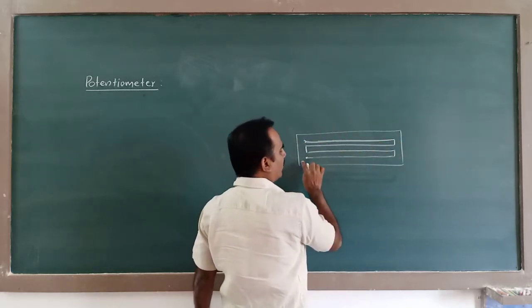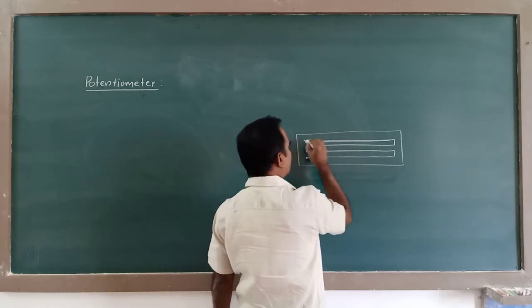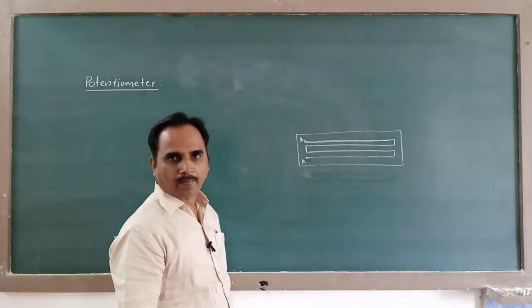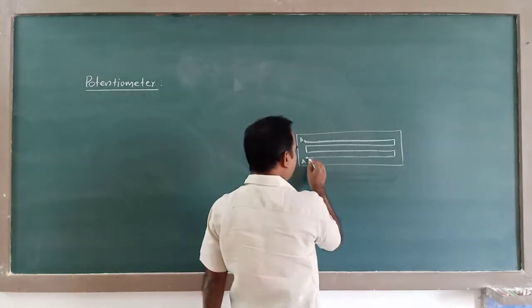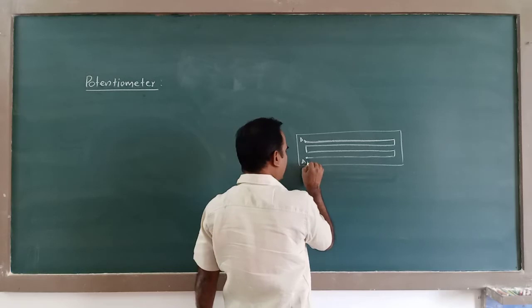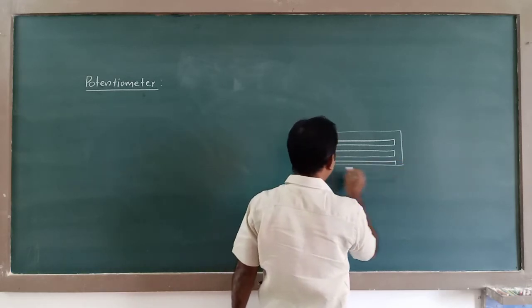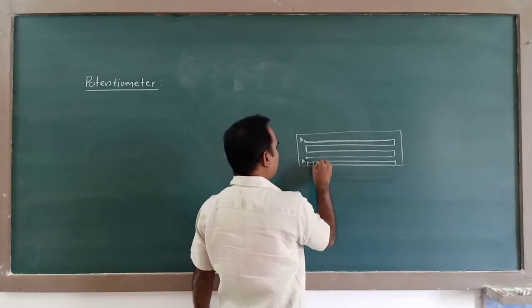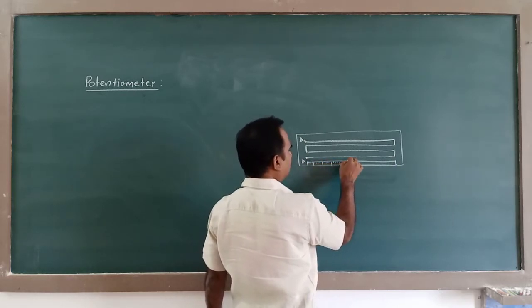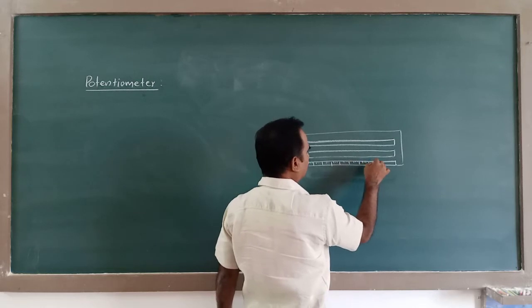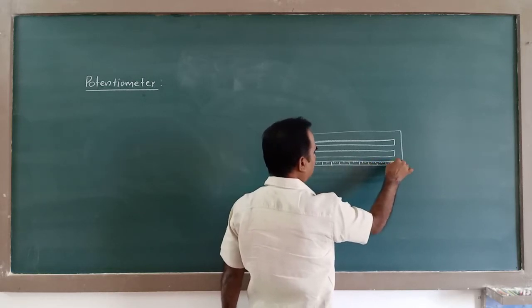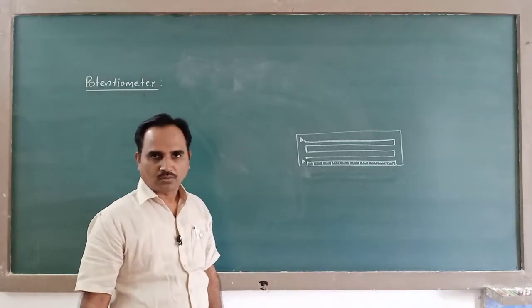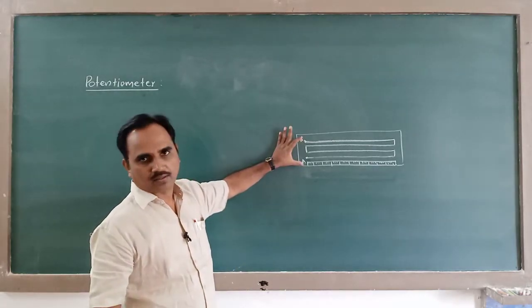Like that, a uniform wire is stretched between these 2 points A and B. Next, beside this wire, a meter scale is fixed, which consists of graduations in centimeter and millimeter. So this is called the potentiometer board. AB is the wire.